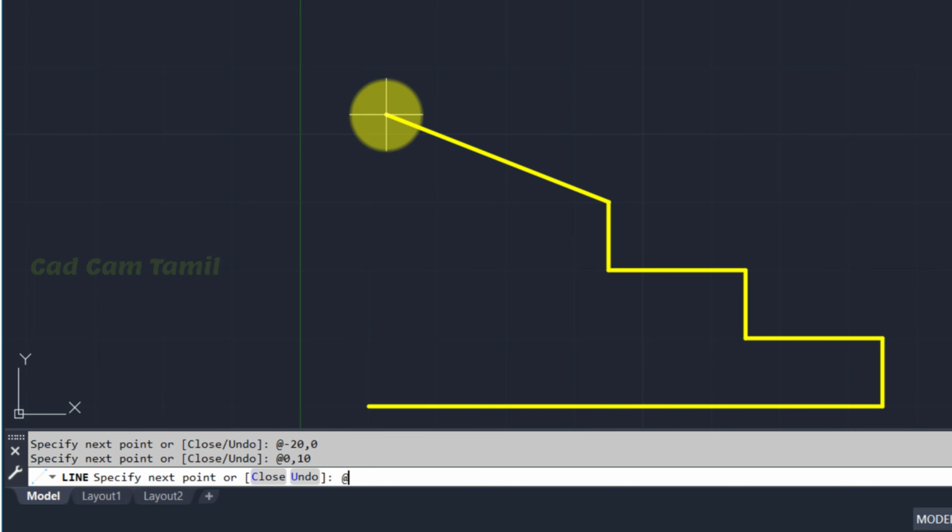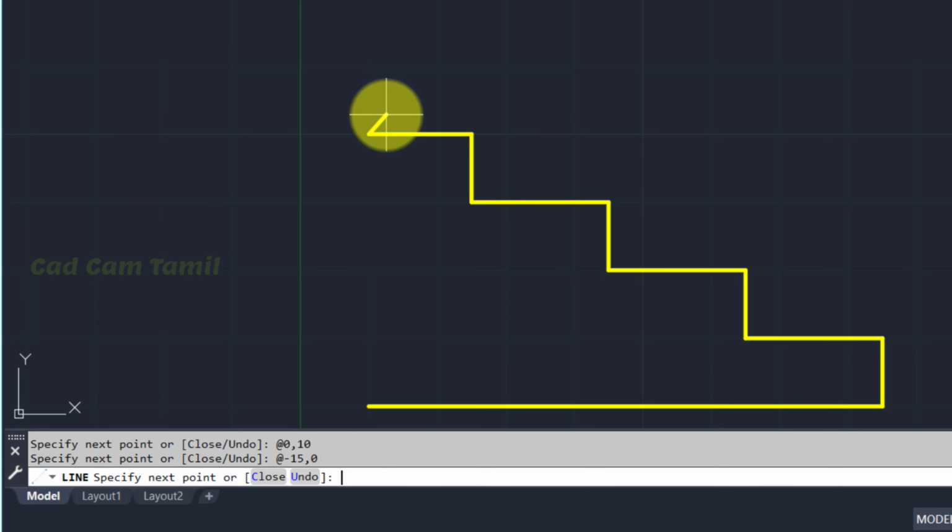Okay. Then towards minus x direction 20 mm and y becomes 0. Then x becomes 0, y positive 10 mm. From there, x becomes minus 15 mm, y becomes 0. Then I have to come down.